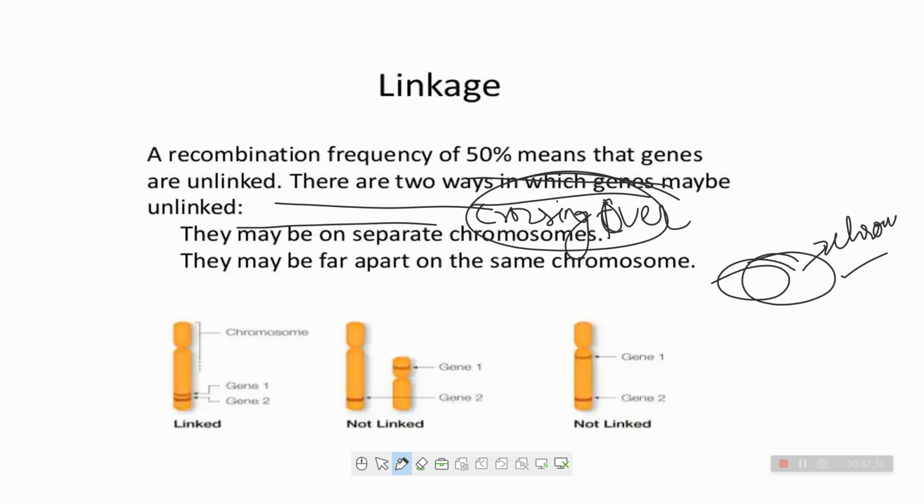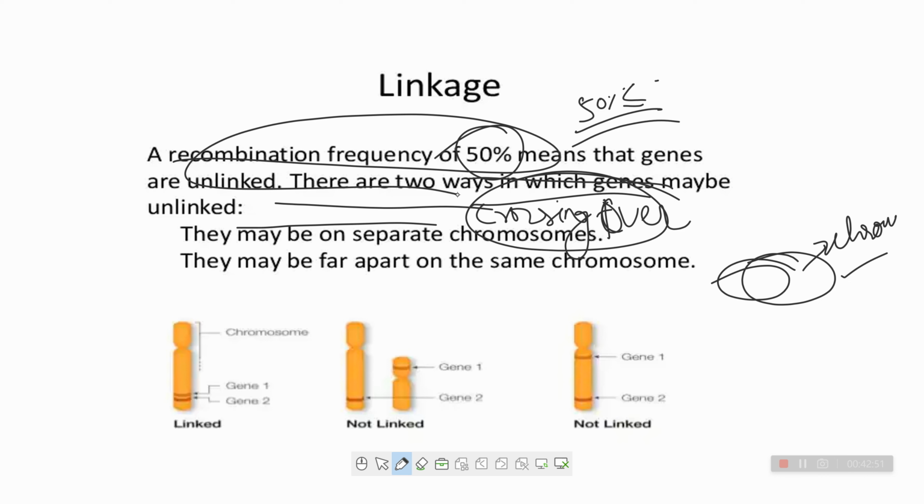And recombination will always be less than or equal to 50%, not more than 50%. Remember this. The recombination frequency is always less than or equal to 50%.